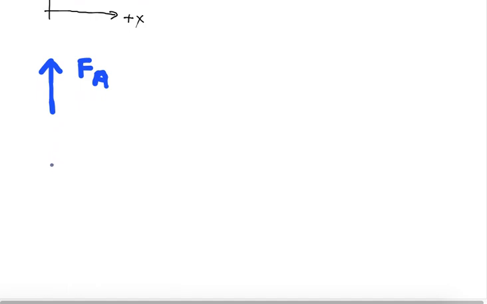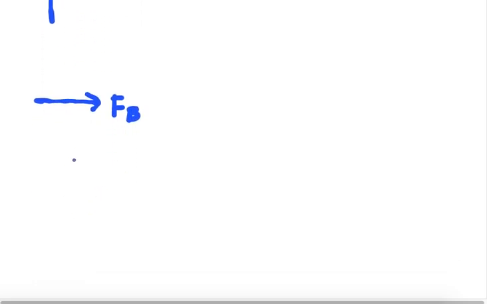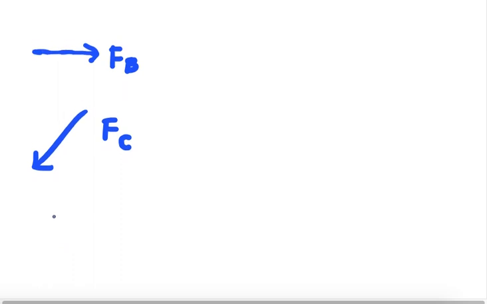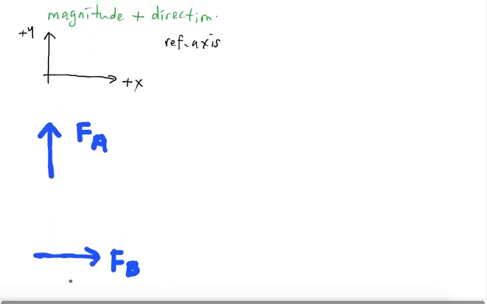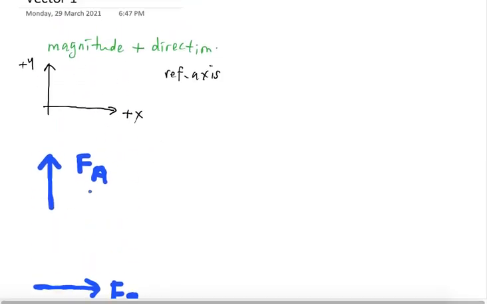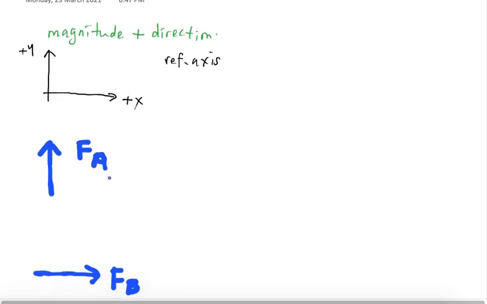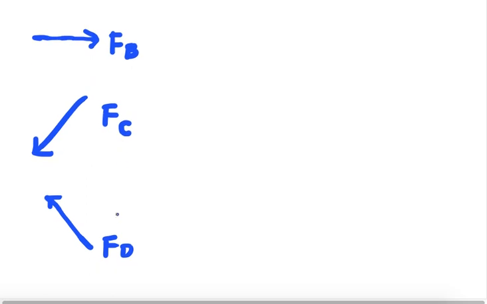Then you have another one this way, FB, and this way, this is a vector of electrical force FC, and also another one perhaps this way, this is FD. My question is, what would be the components of these vectors FA, FB, FC, and FD?